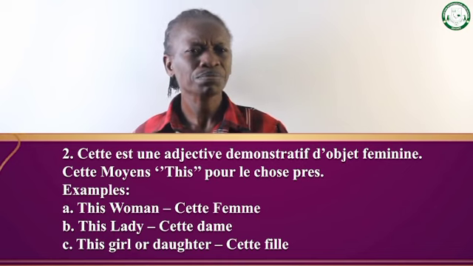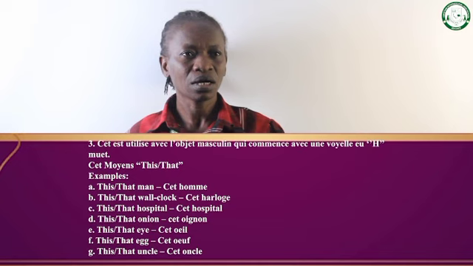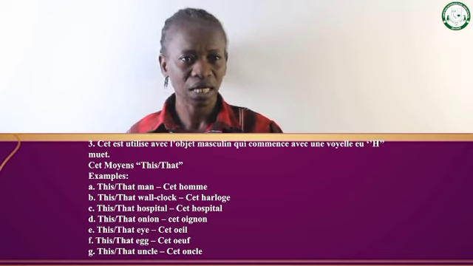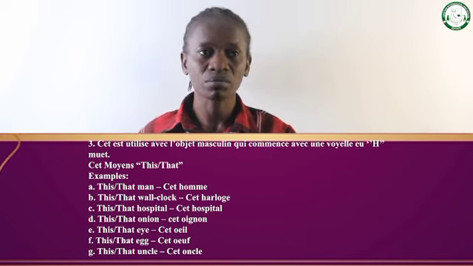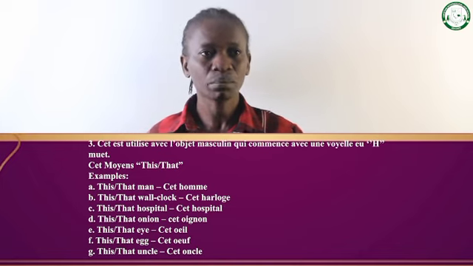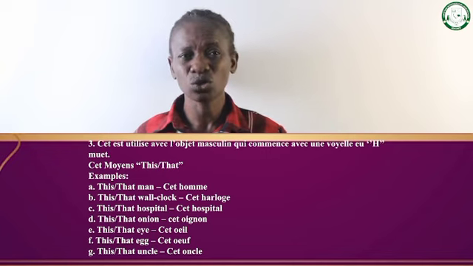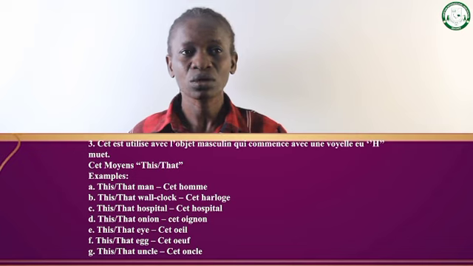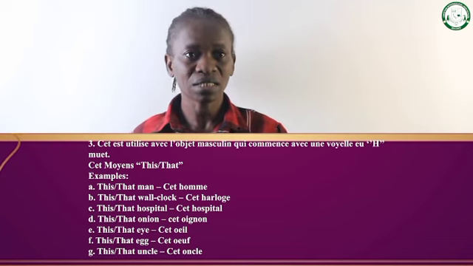There is no problem. Then we move on to the third one that we have there under the adjectif démonstratif. Then we have cet. It is pronounced the same way as the plural form, ces. That is C-E-T, but it is pronounced cet, not cette, unlike number two. Now, it is used with masculine objects that start with vowel letters.